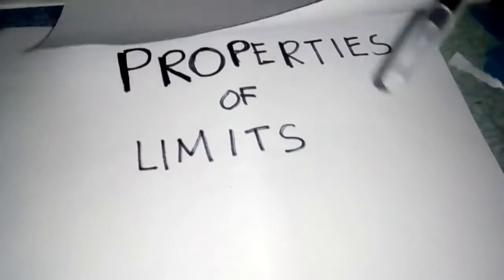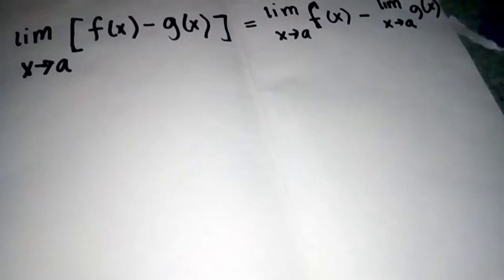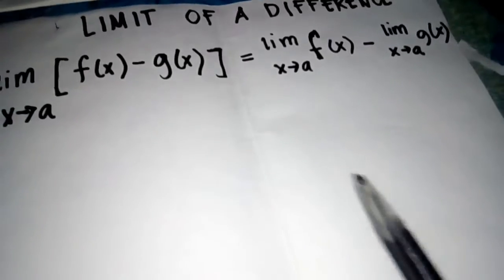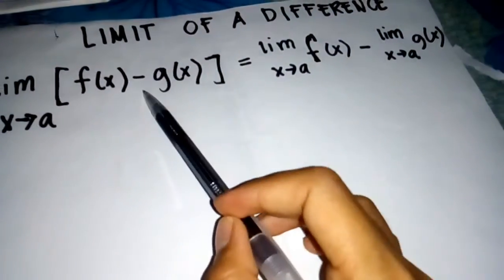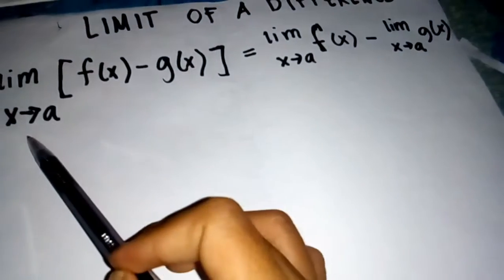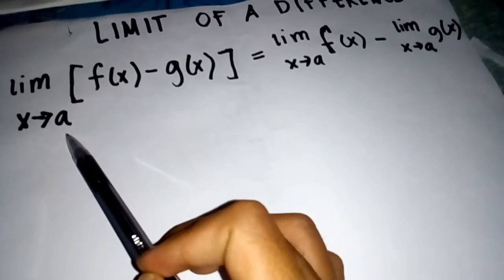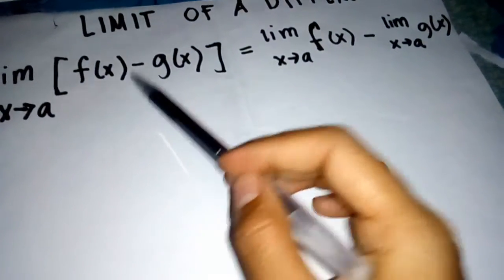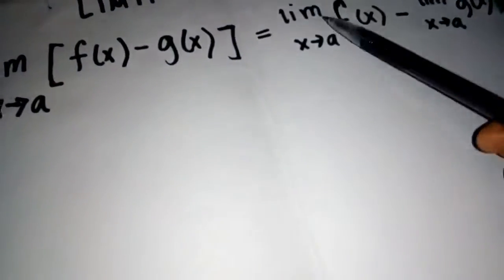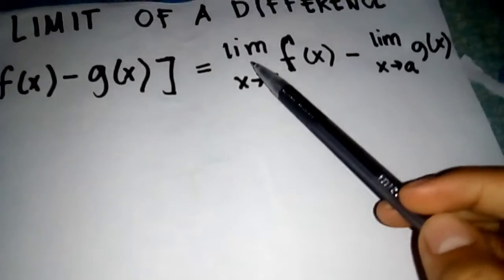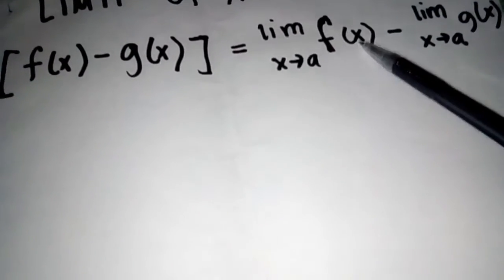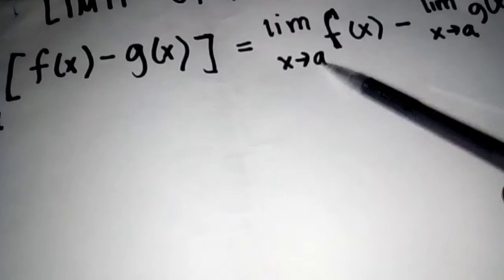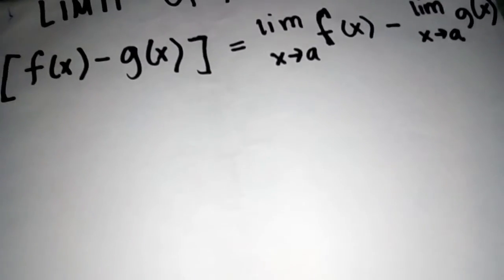Another property of limits is the limit of a difference. The formula is the limit of f of x minus g of x as x approaches a. We have two functions, f of x and g of x. If we factor it out, we have the limit of f of x as x approaches a minus the limit of g of x as x approaches a.